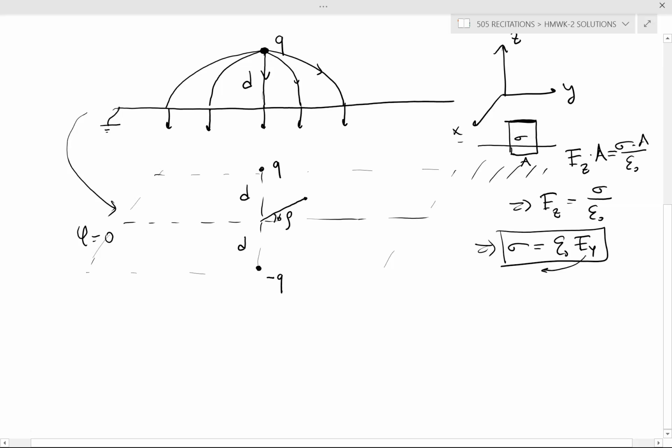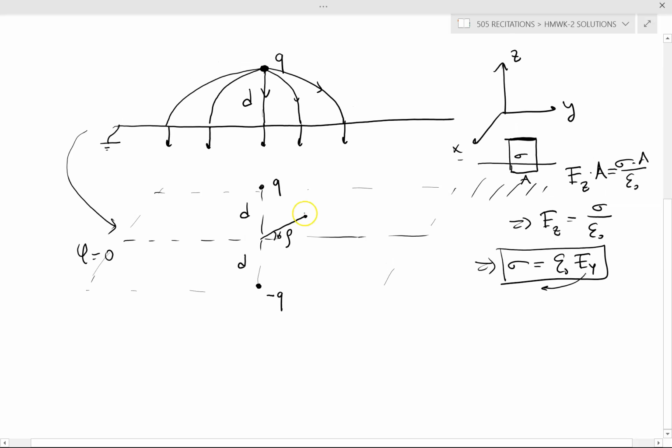Remember that wherever I am, my resulting E field should be along the z direction, right? However, to account for the contributions from here to there, let me erase it. Sorry for the mistake.